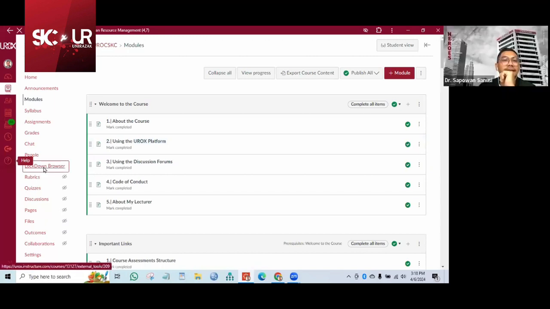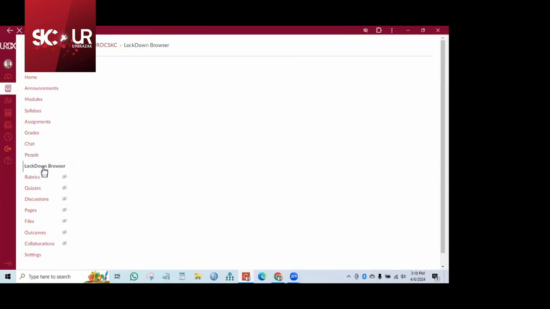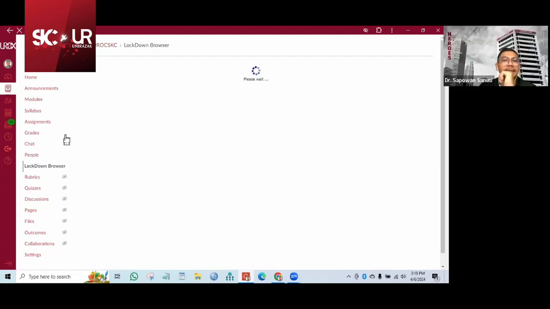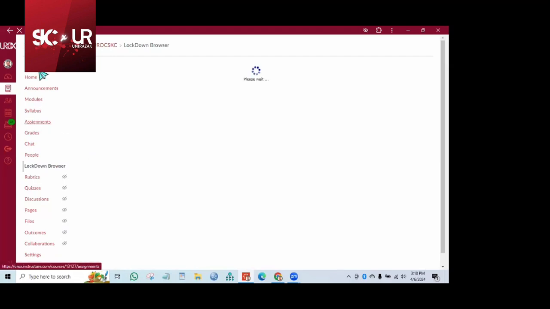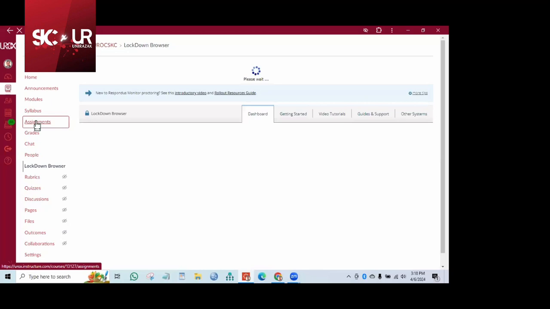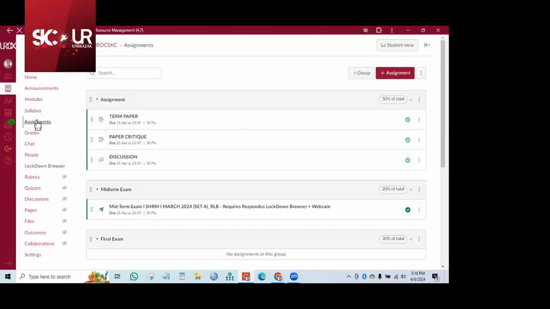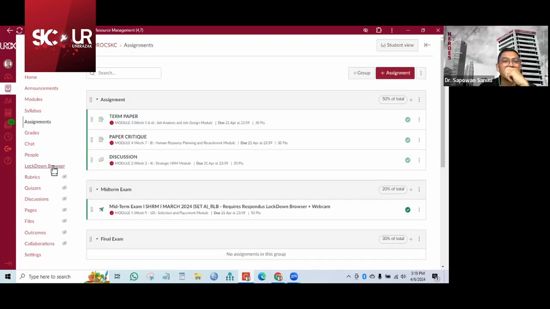You can use iPad, but you need to update. There are instructions if you use Mac. Sorry, for Mac it's working, Prof. It's working. Never mind, I will check this one first.